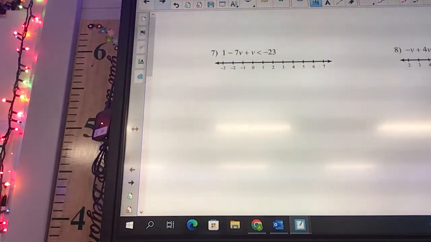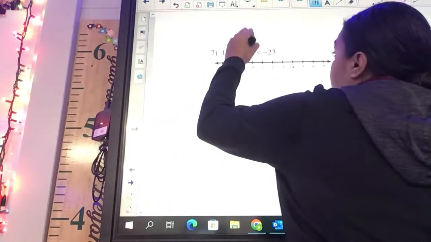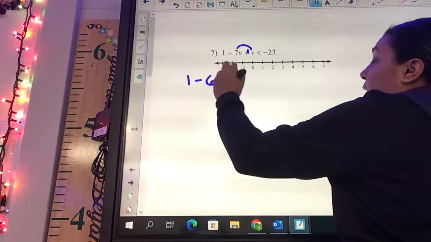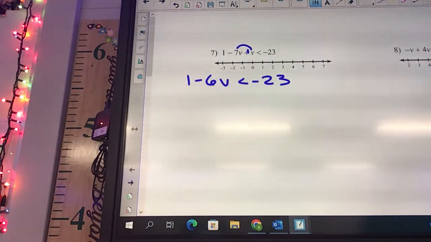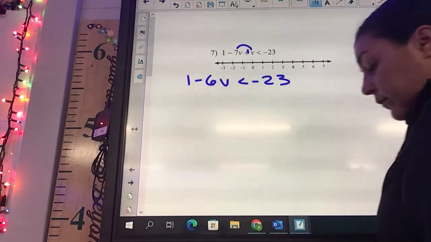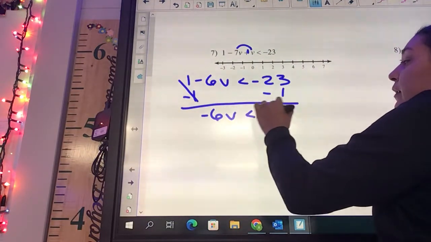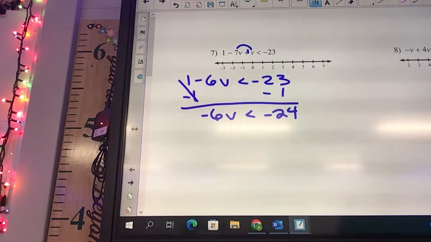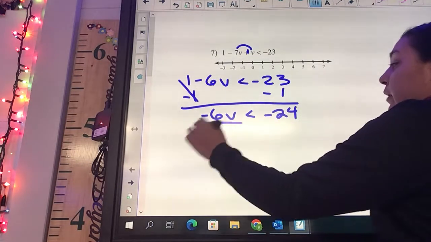Okay, 7. What can we combine? Negative 7 and a positive 1b is going to give me negative 6b. Okay, and then what? Minus 1. So you get negative 6b. You're going to get negative 24. Okay, and then we're going to divide by negative 6.